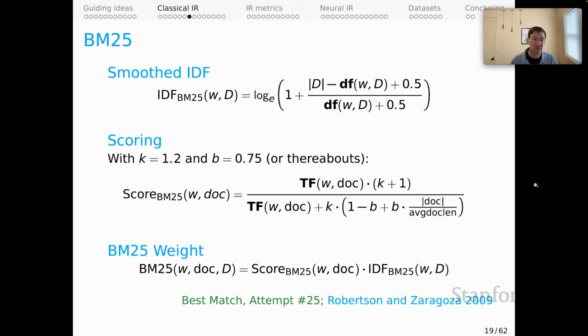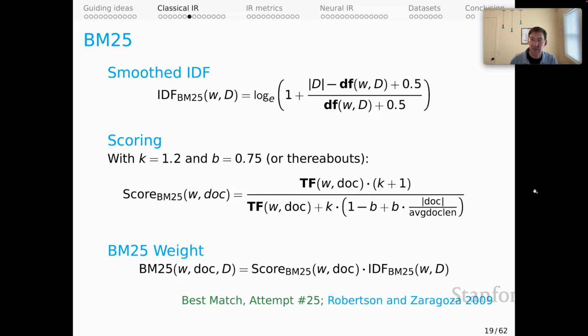But just to round this out, the BM25 weight is a combination of those adjusted IDF values and the scoring values, which are analogous somewhat to term frequency and TF-IDF. So the definitions are different, and we're going to dive into them, but at a high level you can see it's a product of two very similar values to the ones we had for TF-IDF.